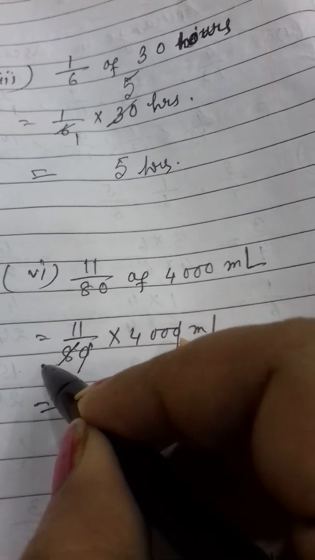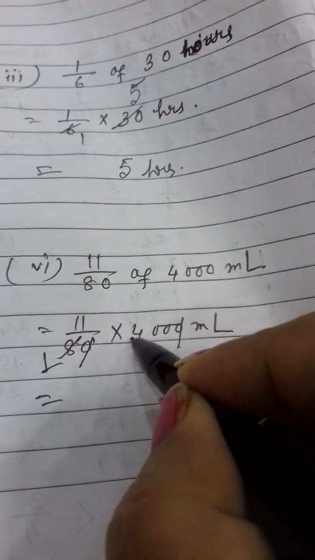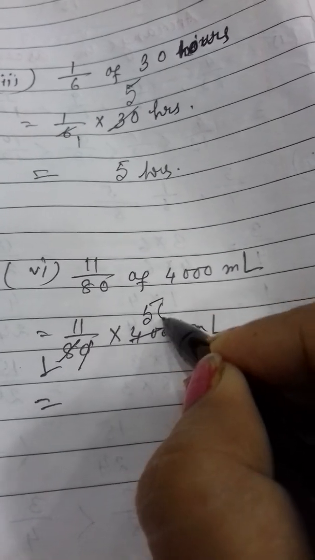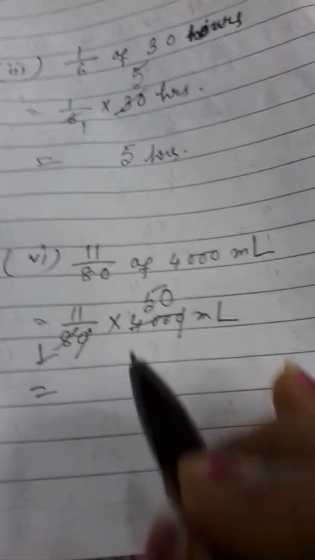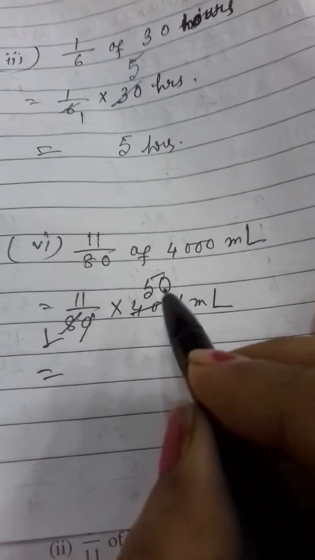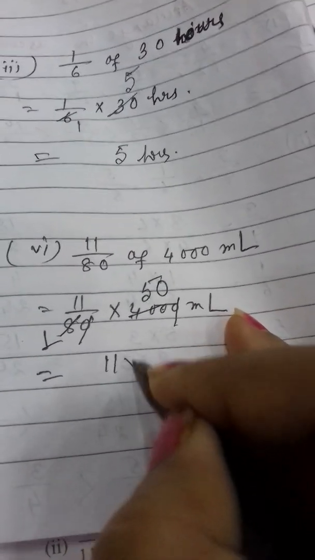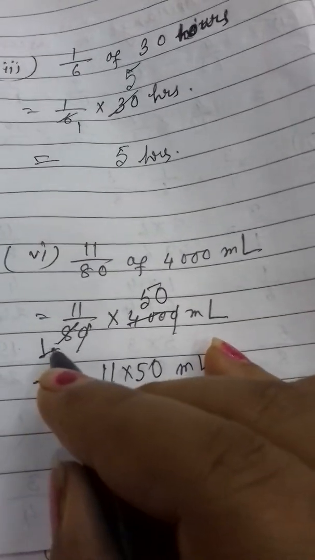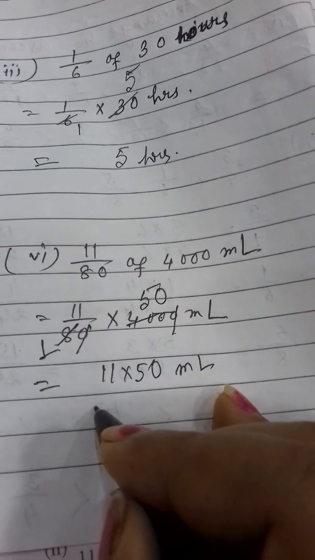Now you cancel 8 ones are 8, 8 fives are 40, and one 0 is left, that is 50. So now which two numbers will you multiply? 11 and 50. So 11 into 50 ml. And here the denominator 1 is there, so no need to write.